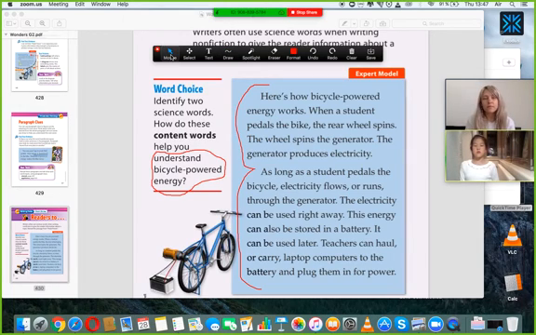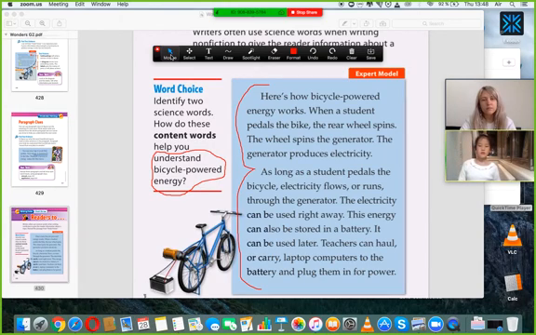Bicycle-powered energy. When a person rides, the wheel will spin. The wheel spins the generator. As long as the student handles the electricity, electricity flows or runs through the generator, and the electricity can be used right away. This energy can also be stored in a battery.